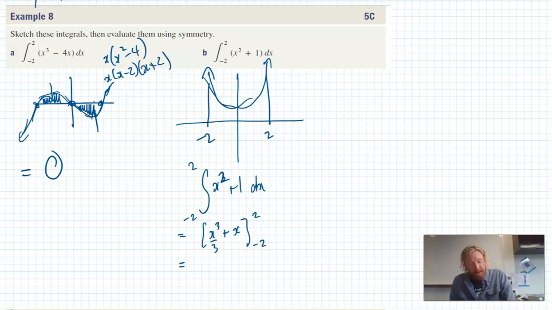Which will be equal to 2 cubed on 3 plus 2, minus 2 cubed on 3, minus 2.